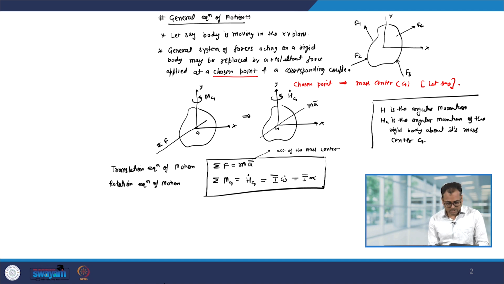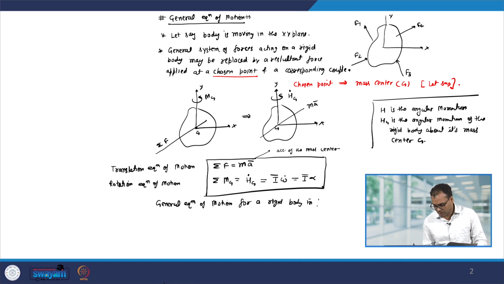Okay. This is the general equation of motion for a rigid body in planar motion.